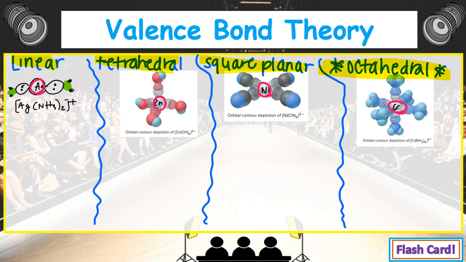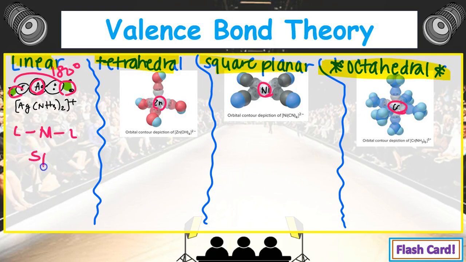Yes, it connects. So we do have our 4 hybrid orbital shapes that can commonly form. We have our linear, tetrahedral, square planar, and octahedral, like I said before. So for the linear shape, we still have 2 ligands surrounding the metal ion. And so when we have 2 ligands surrounding the metal ion, we still are going to have 180 degrees. You can look at the metal here in the center and then the ligand here as well.